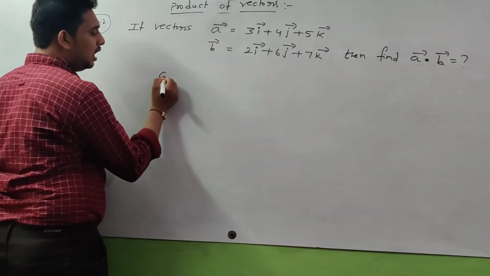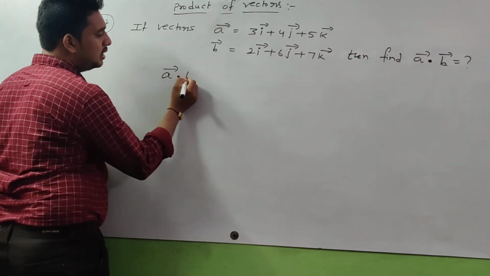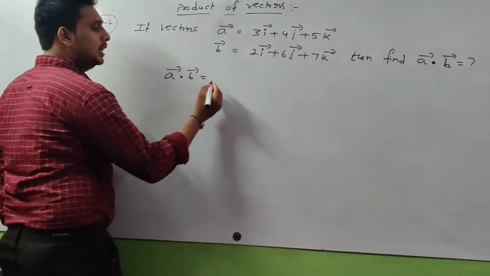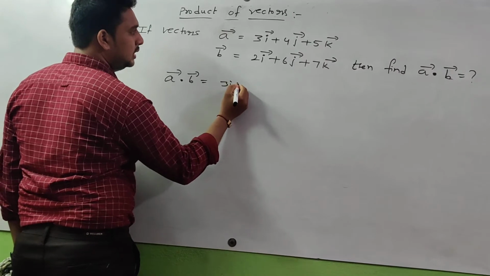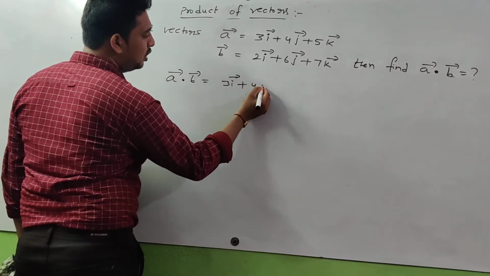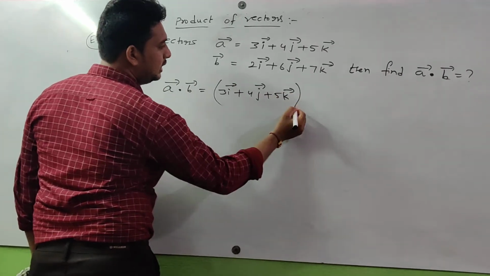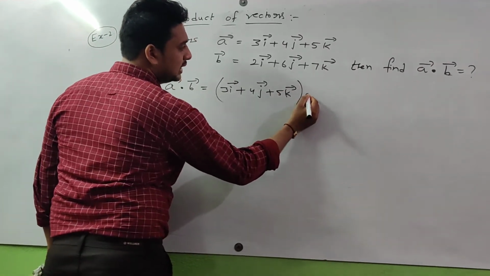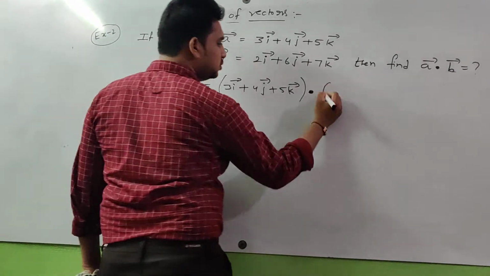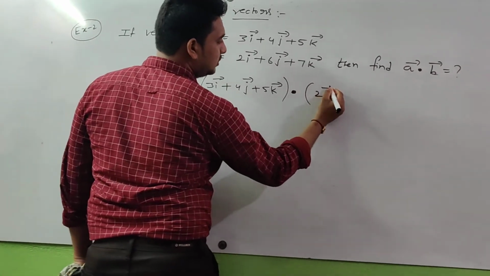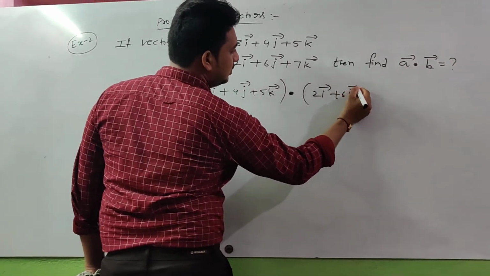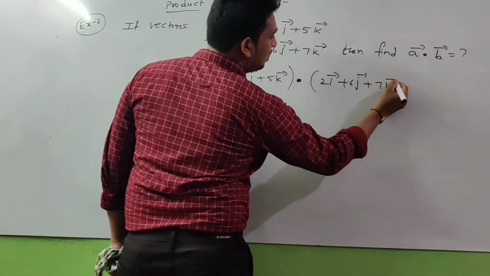So how to find the dot product of two vectors? A bar dot B bar is equal to (3I bar plus 4J bar plus 5K bar) dot (2I bar plus 6J bar plus 7K bar).